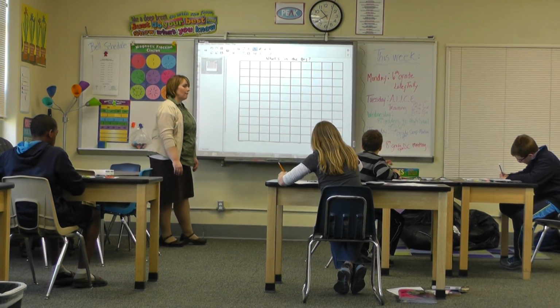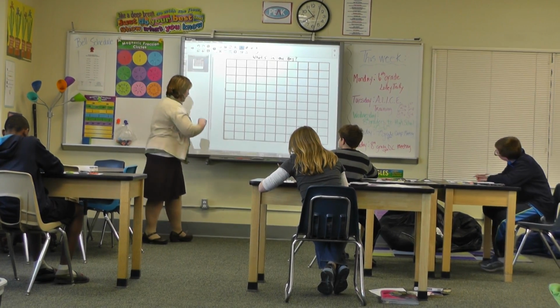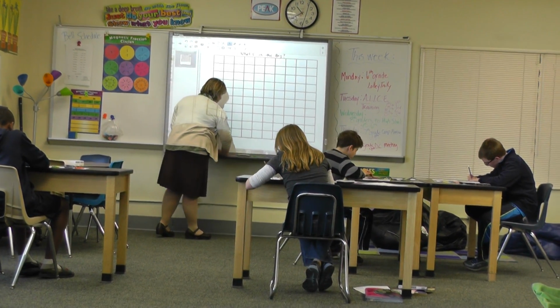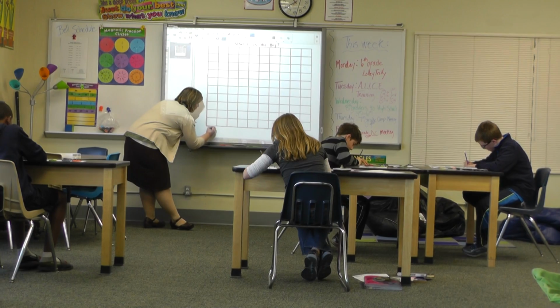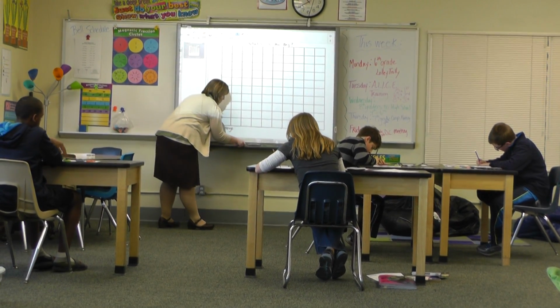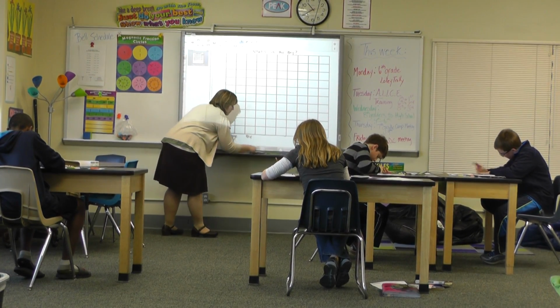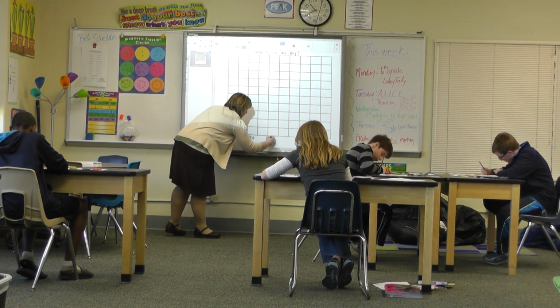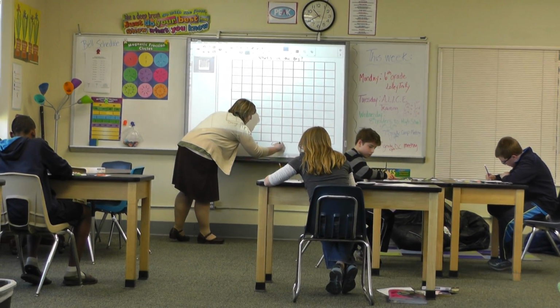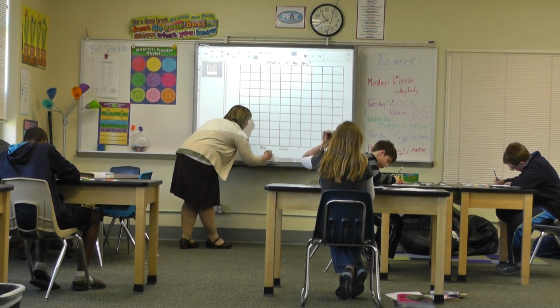What's that called? X-axis label. And what was your first one? Orange. So it's going to be the colors that are in the bag. And we might also want to label down here colors.